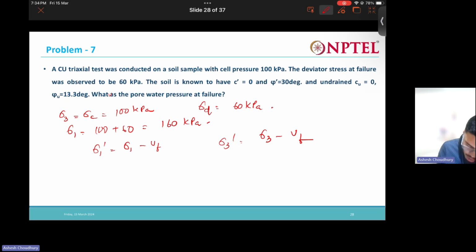Now, for c equal to 0, from our basic equation we can write it in a different form, using tan squared 45 plus phi by 2. We can write sine phi' in terms of sigma 1 and sigma 3 effective.